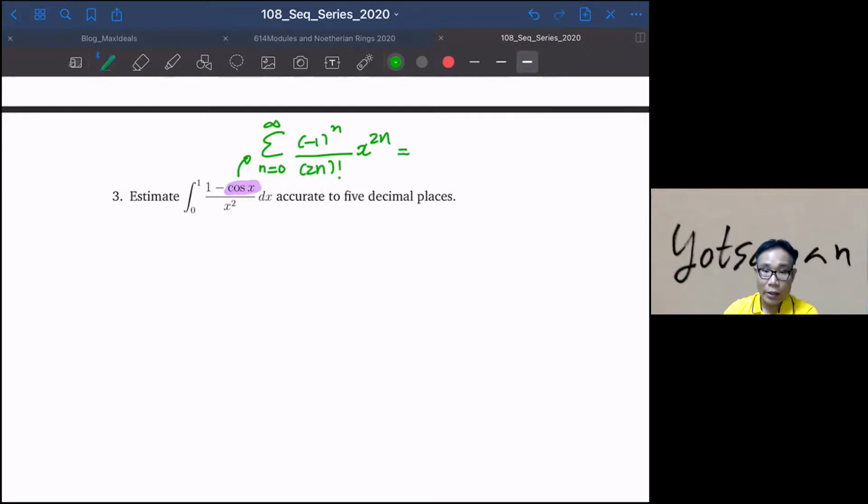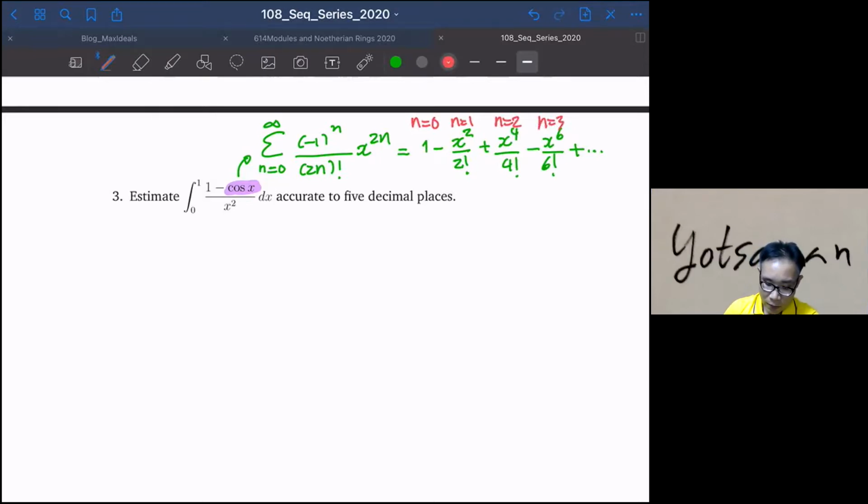When you plug in n equal to 0, n equal to 1, n equal to 2, n equal to 3, and so on: n equal to 0 gives you just 1, then you have x squared over 2 factorial, x to the 4th over 4 factorial, x to the 6th over 6 factorial, and so on.